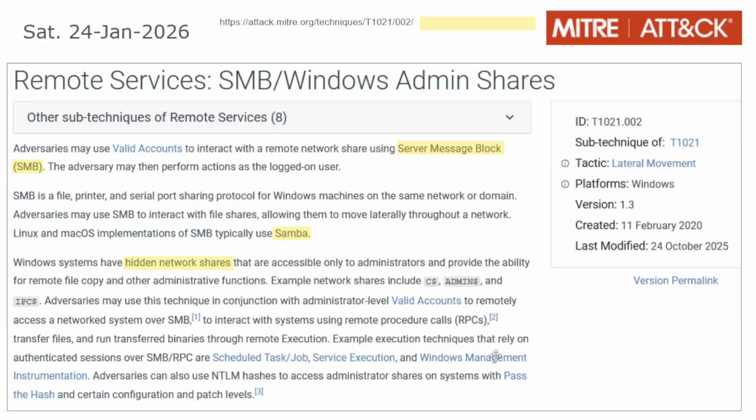Example execution techniques can rely on authenticated sessions over SMB or RPC, such as scheduled tasks. That's a classic, I think we covered that already. Then Windows Management Instrumentation, WMI, a classic administrative tool. Then adversaries can also use NTLM hashes to access administrator shares on systems with pass the hash and certain configurations and patch levels.